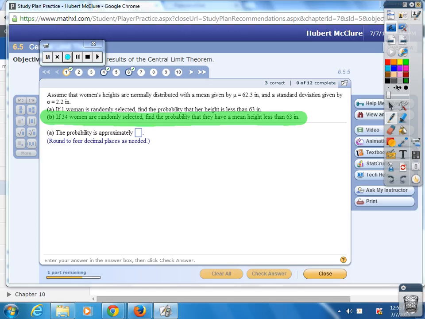All right, so this says if 34 women are randomly selected, find the probability that they have a mean height less than 63. If 34 women are selected.